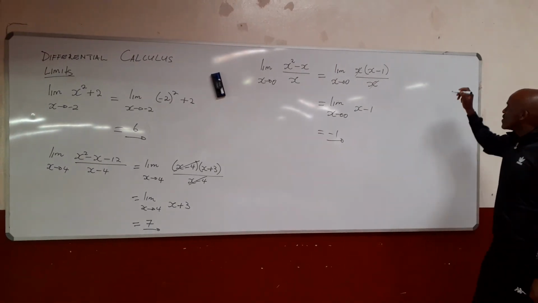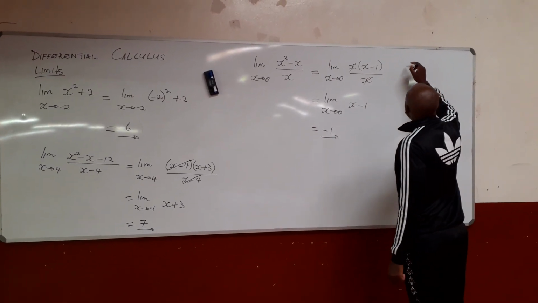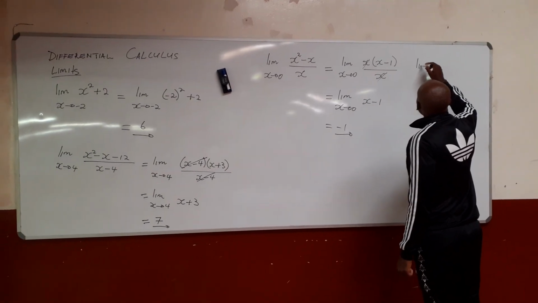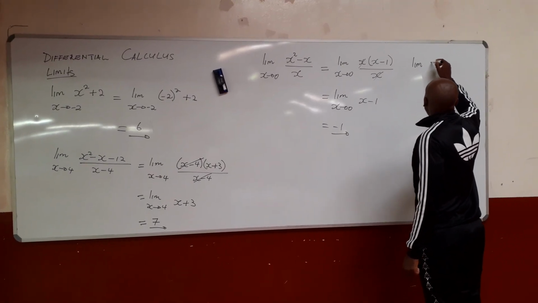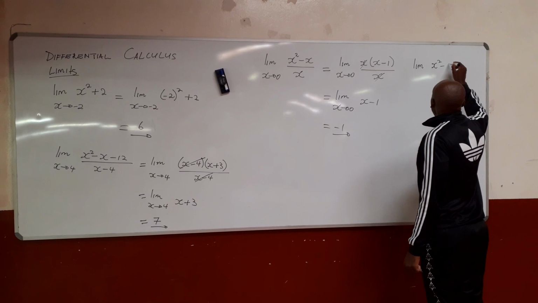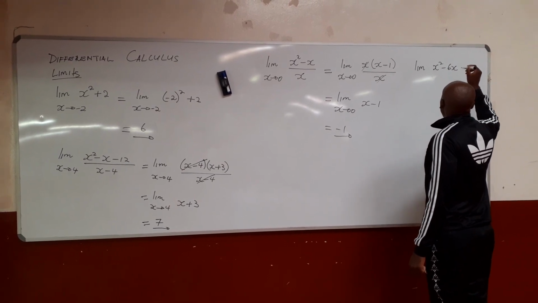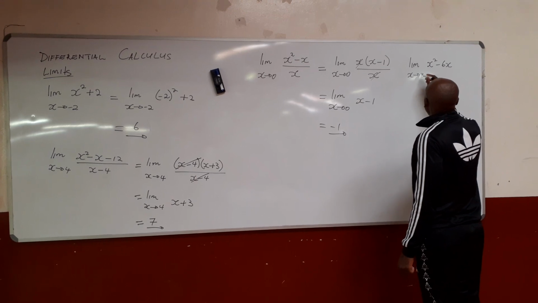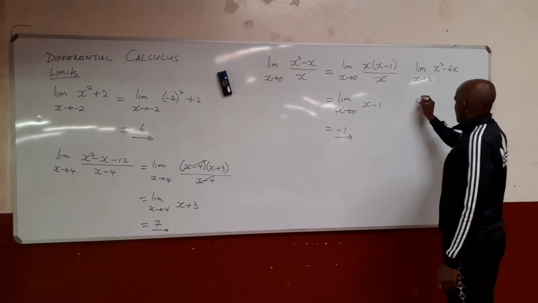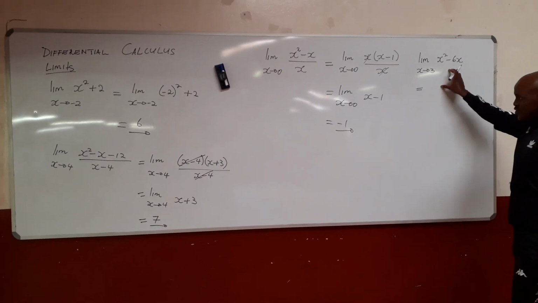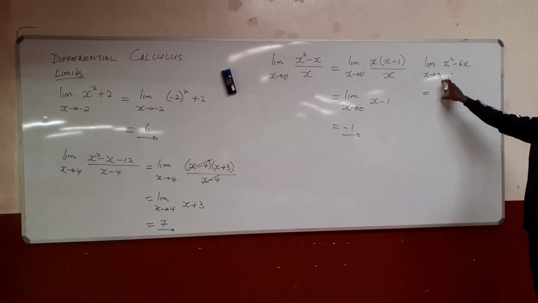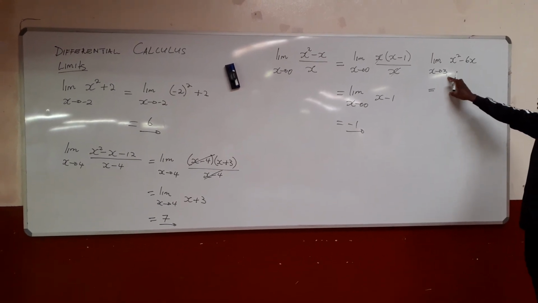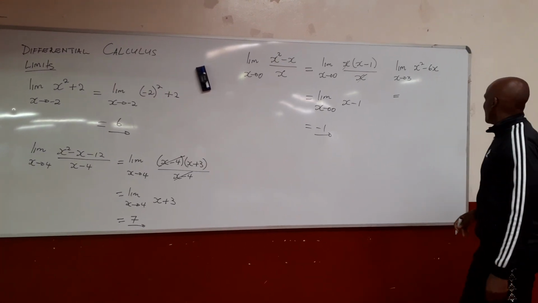Find the limit of x squared minus 6x where x approaches 3. It's simple here. There is no need to factorize this. You simply substitute by 3 in the place of x.